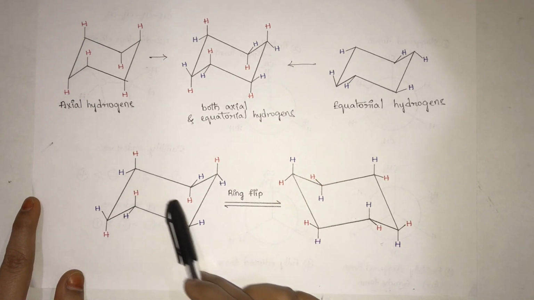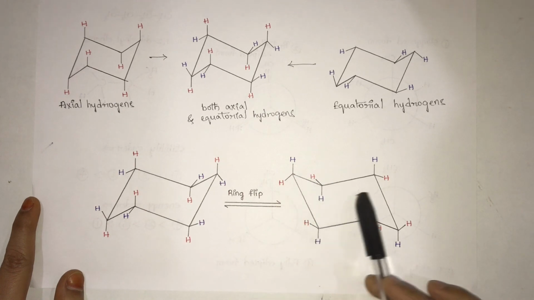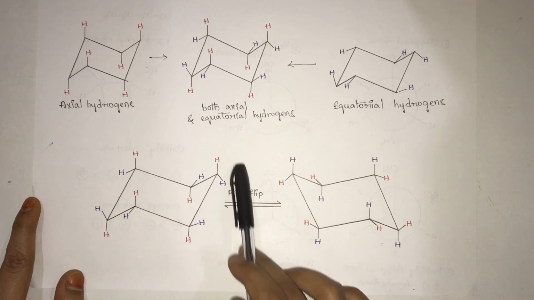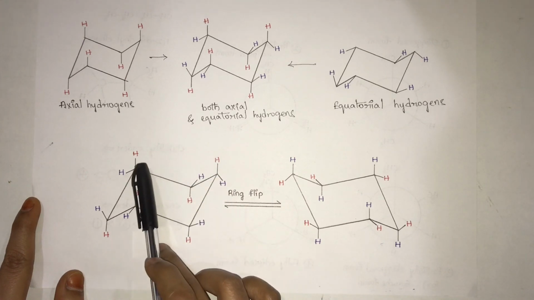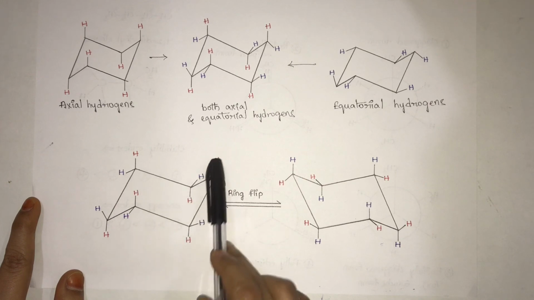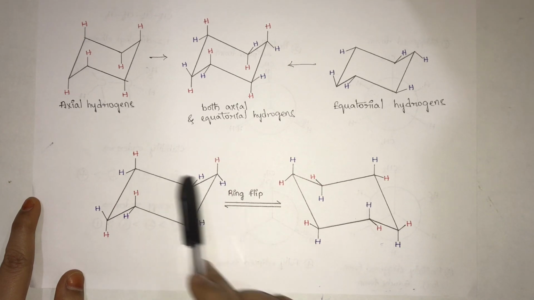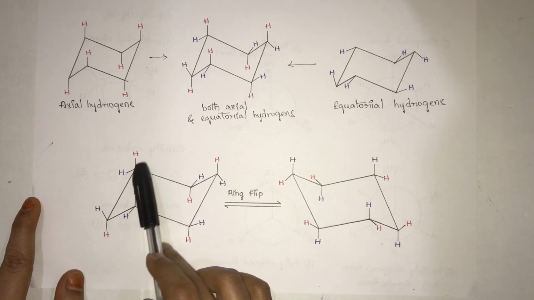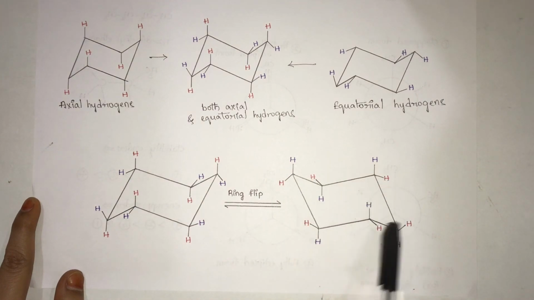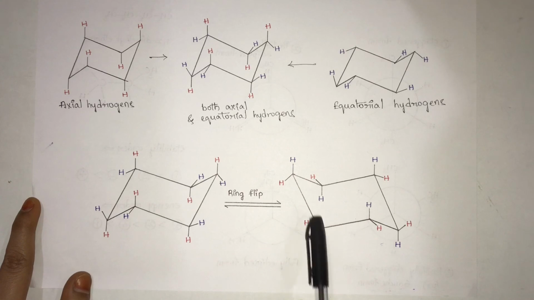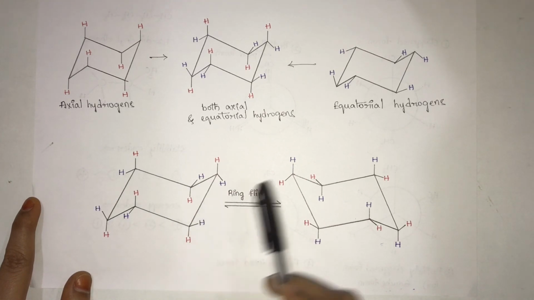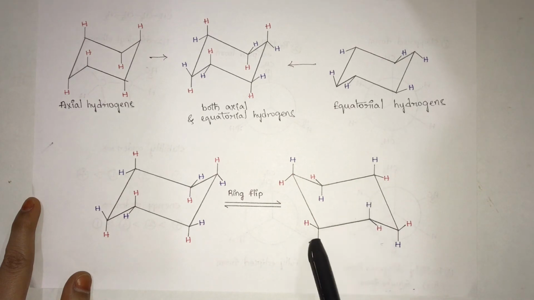You can see this chair here in this way. What about the hydrogens' environment? Till now we said that all the red marked hydrogens are axial hydrogens, which are above and below the plane. On ring flip, all these axial hydrogens will be converted to equatorial hydrogens within the plane, and your equatorial hydrogens will be converted to axial hydrogens on ring flip.